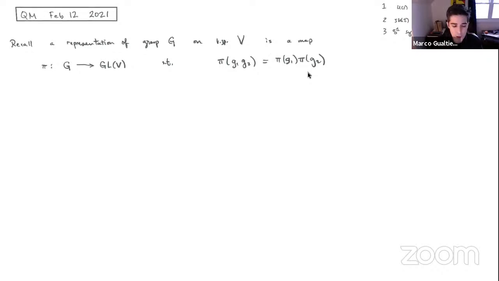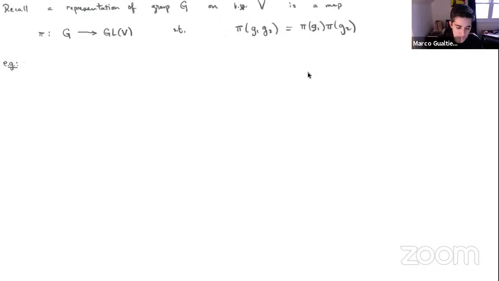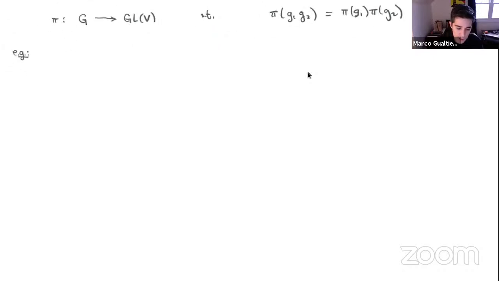Okay, so I just want to give another example of this just to really make sure that there's no confusion. You can construct a lot of these by considering permutation groups acting on finite sets.